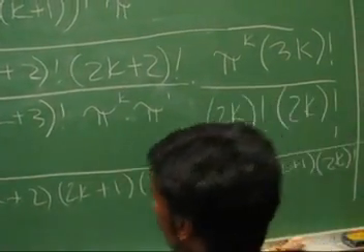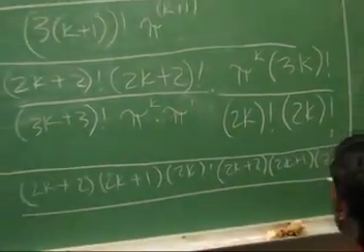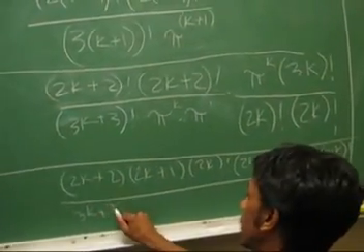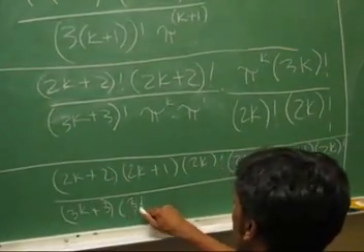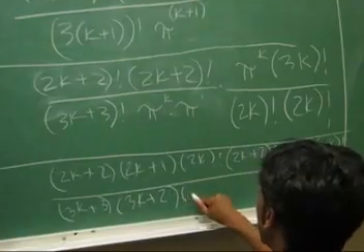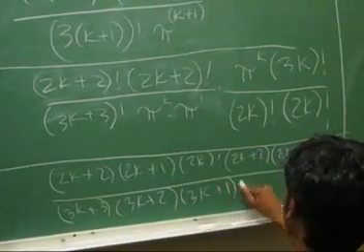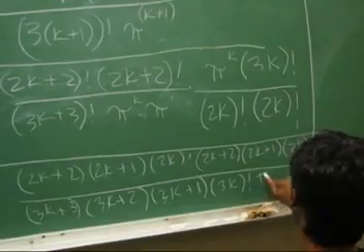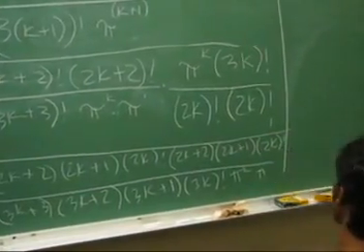Alright. Now for the denominator, we have 3 of these, so we have to write it 3 times: 3k plus 3, 3k plus 2, 3k plus 1, 3k factorial times 5 to the k times 5.